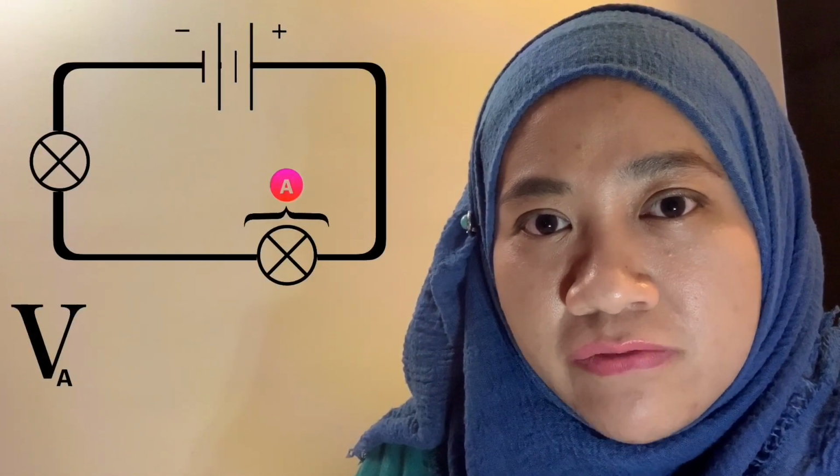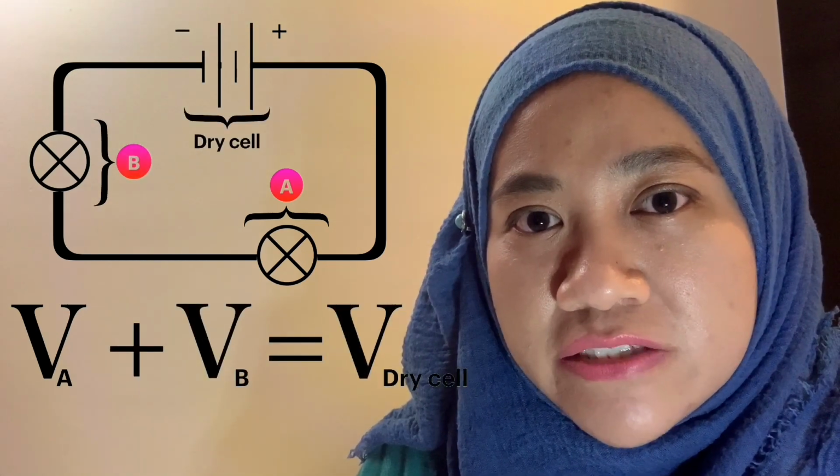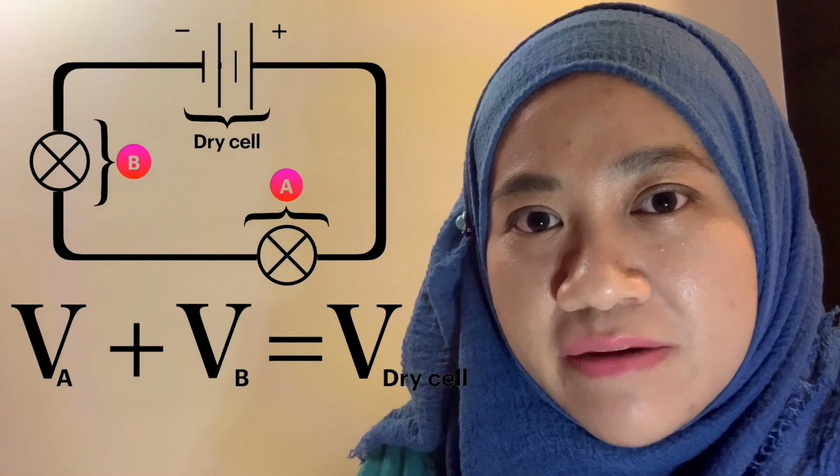For example, the voltage across bulb A when added to the voltage across bulb B is equal to the voltage value supplied by the battery.